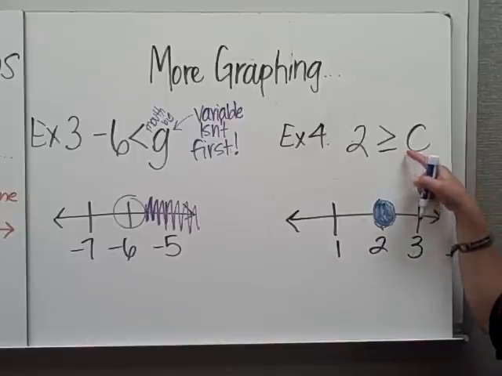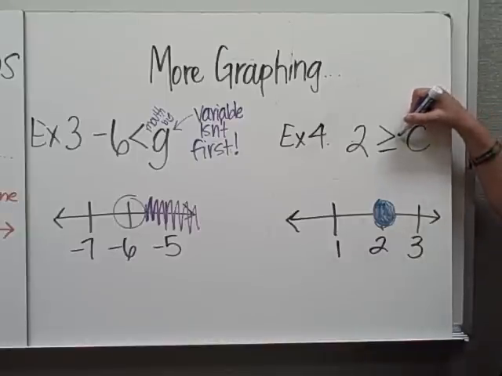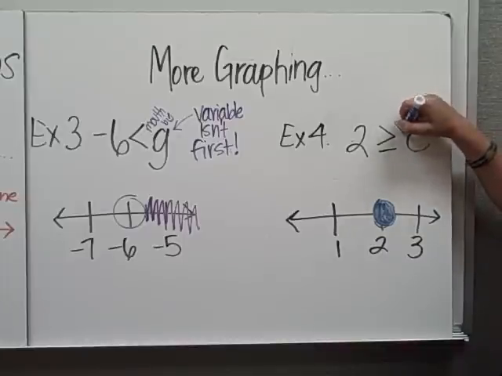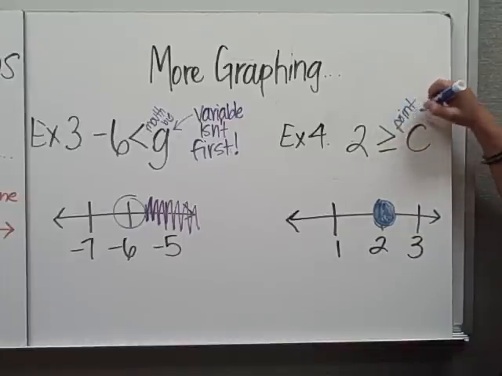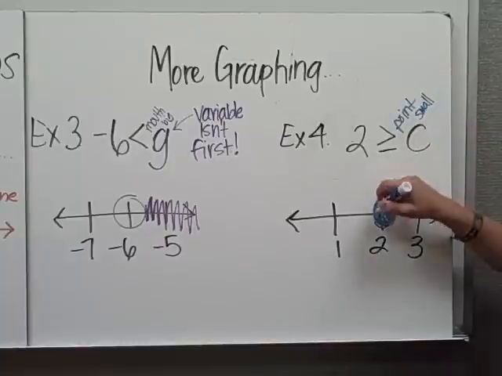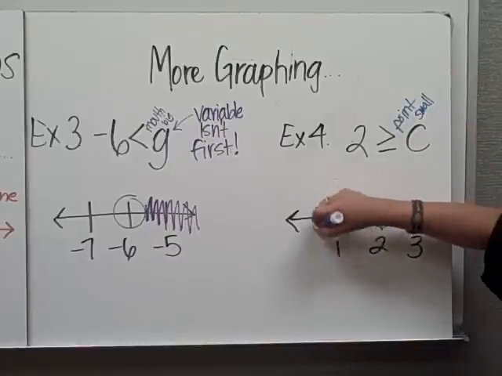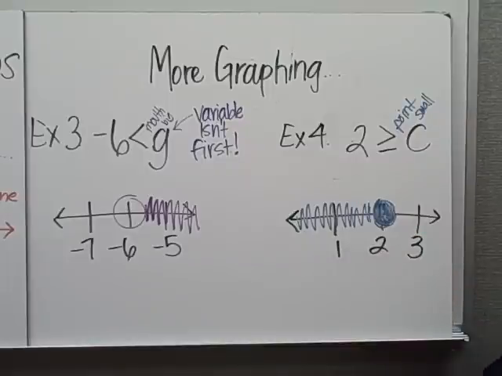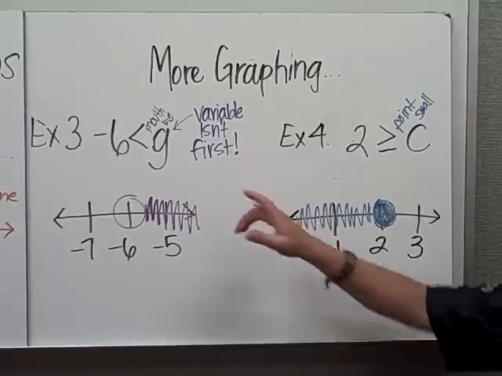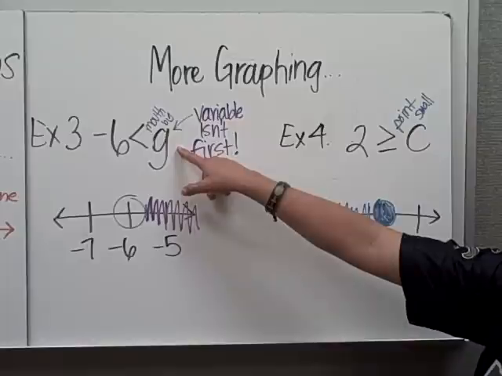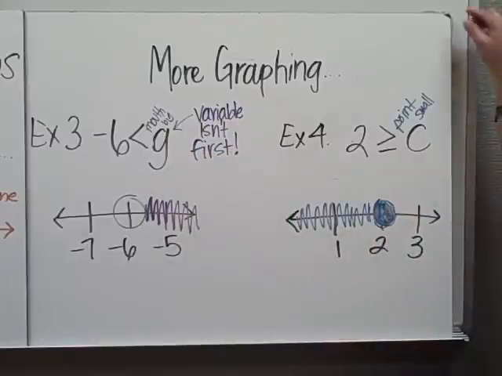And let's look at the variable. Is the variable c next to the open mouth, or is it next to the point? It's next to the point. So that means we shade smaller, and that is to the left because the left is always in the smaller direction. So here are 2 examples when the variable isn't first.